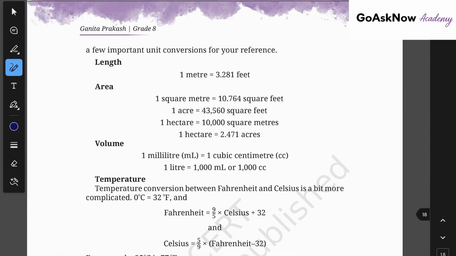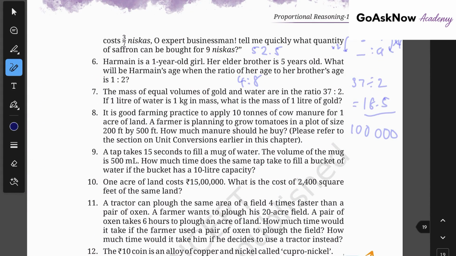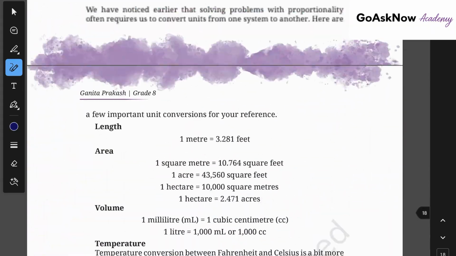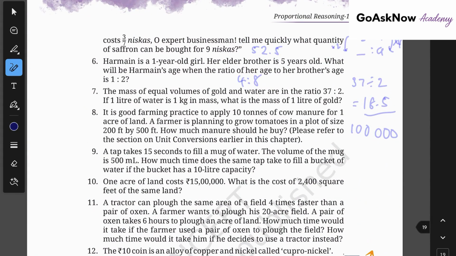It says here 1 acre is 43,560 square feet. Since you have 100,000 square feet, we do 100,000 divided by 43,560. You should get 2.3 acres.